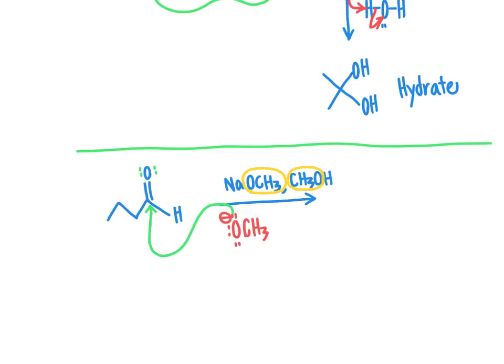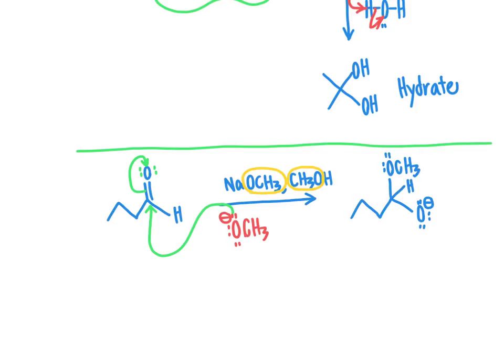That forces the electrons from the pi bond up onto the oxygen. So we'll end up with our oxygen anion, and we'll create a new carbon-oxygen bond from our methoxy anion, like so. And there would be a hydrogen bonded right here as well.